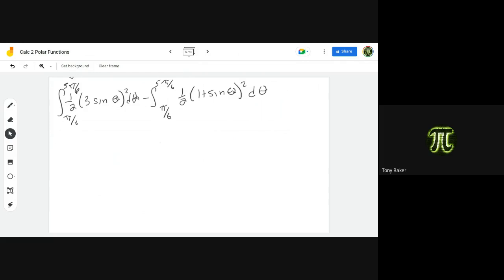So we'll pull out the 1/2, we'll put all this together. So I got pi over 6, 5 pi over 6 there. I've got 9 sine squared theta minus, then we've got 1 plus 2 sine theta plus sine squared theta d theta.